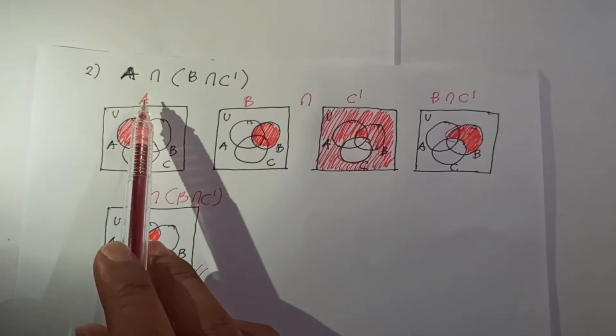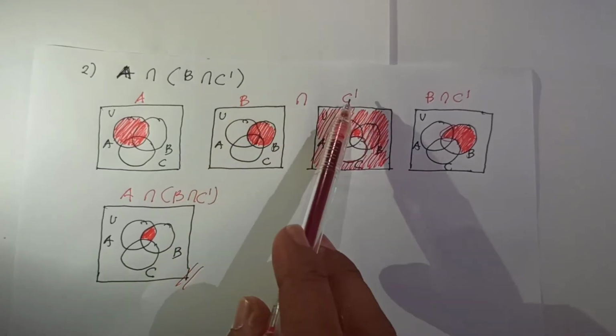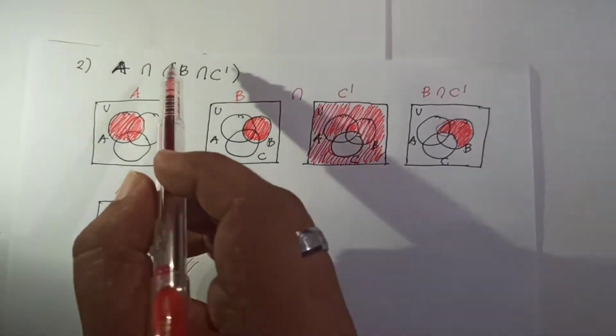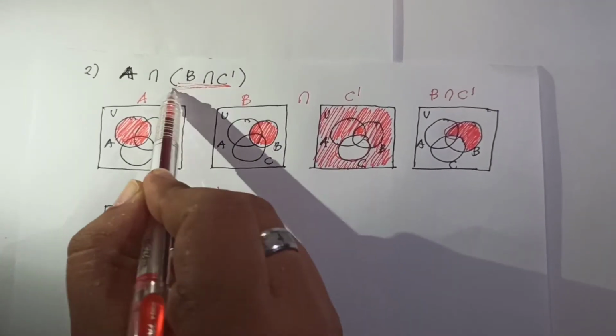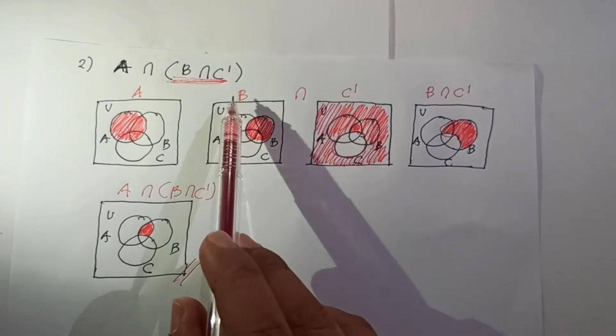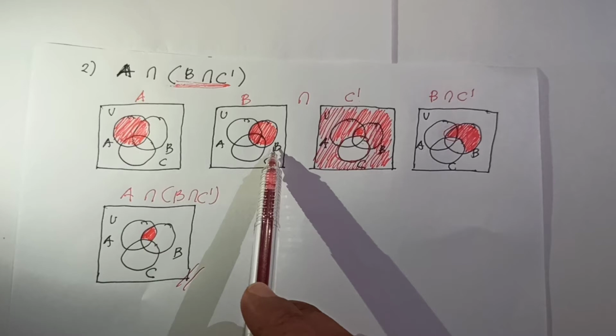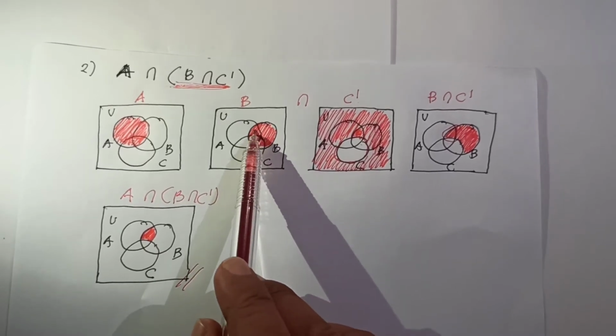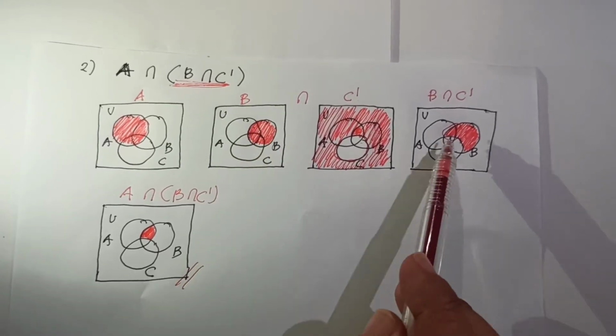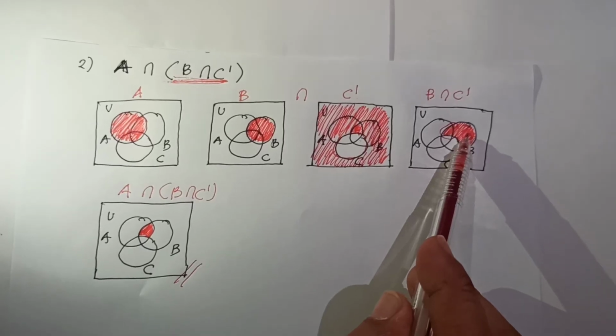Again, we have A, B, and C prime. So, the first is we're going to combine first this one. We are going to solve first. So, B intersection of C prime, if we're going to look at the common between the two is this part and this part. So, we have shaded.